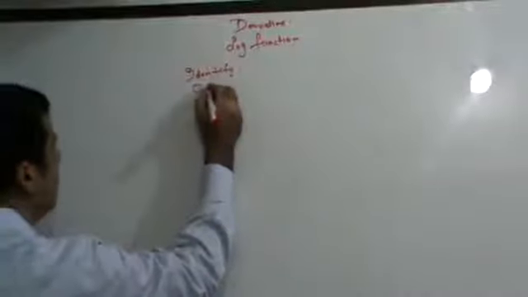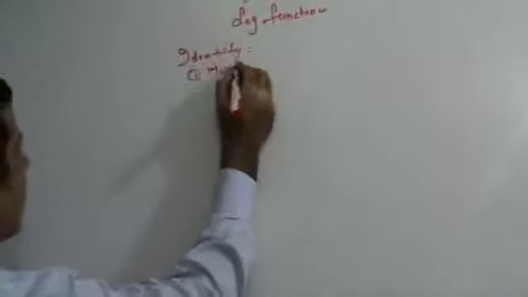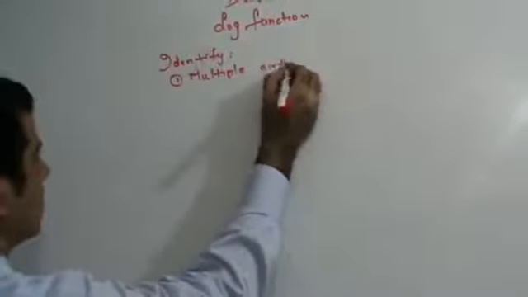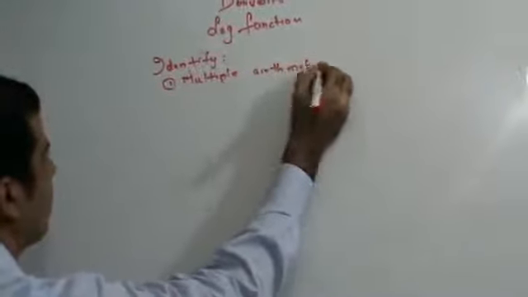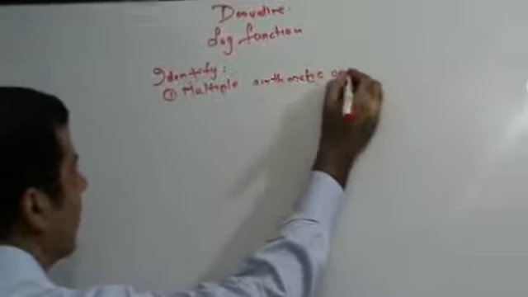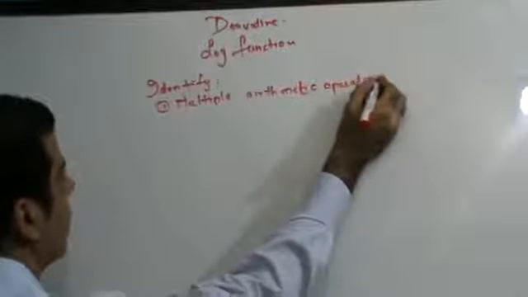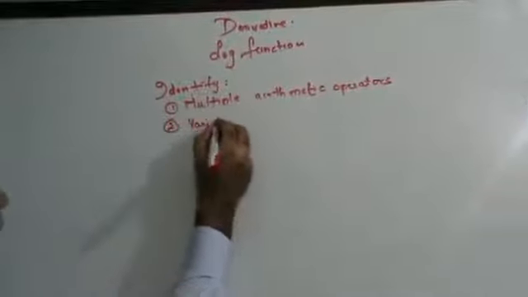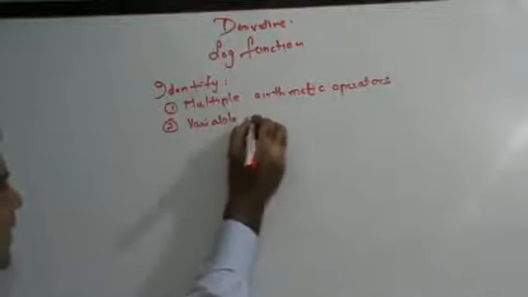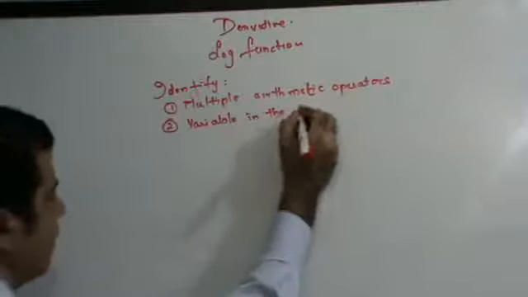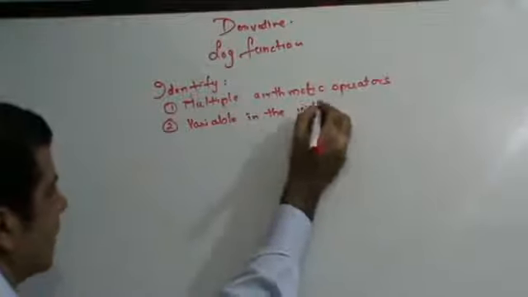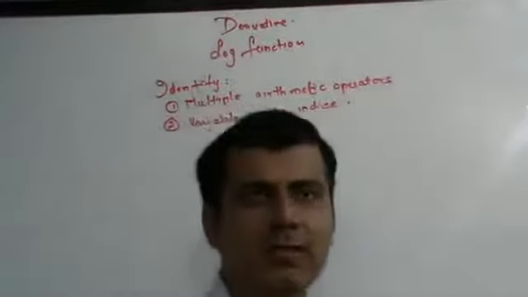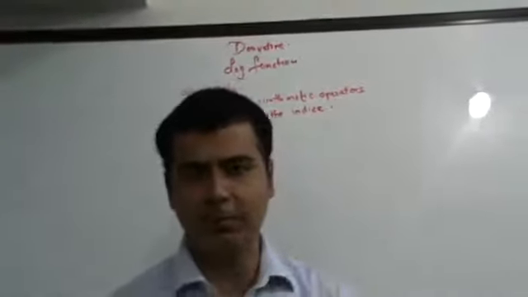First, if there are multiple arithmetic operators, or there is a variable in the exponent, or there is a variable in the indice. If you have one of these two conditions satisfied, then it is logarithmic function.